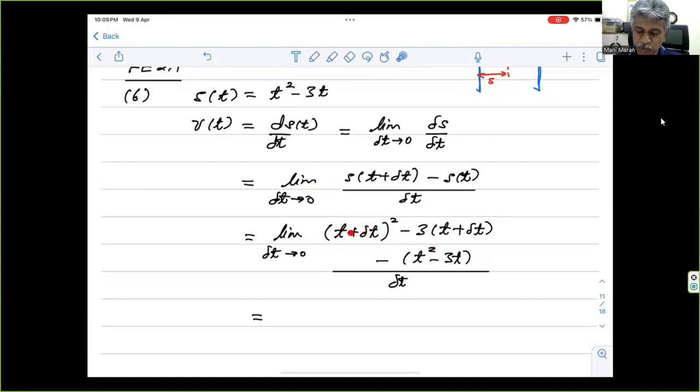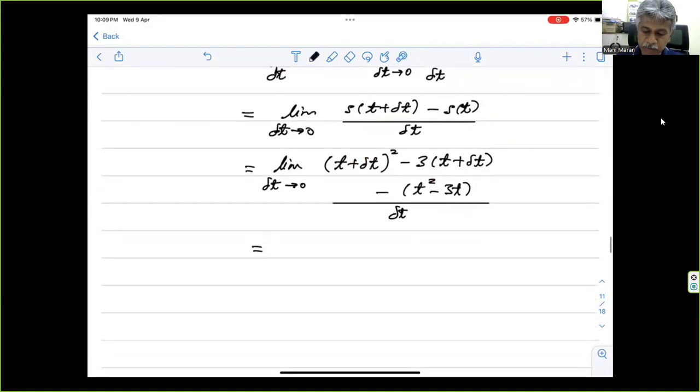Then the next line is to expand this function. Expand the function and remove the bracket. So we got limit delta t approach 0. When you expand the function, you'll get t square plus 2t delta t plus delta t square. And then you got minus, remove the bracket, and you'll get minus 3t minus 3 delta t.